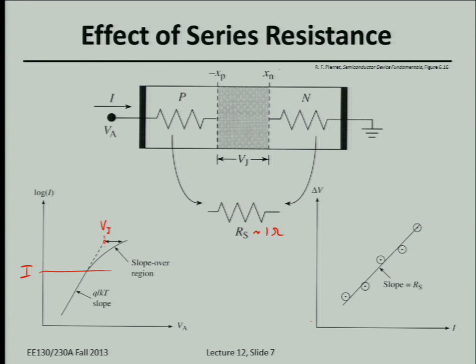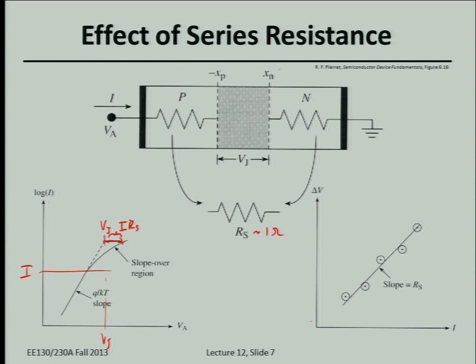So the voltage actually across the junction should be like here, ideally, if you're reaching a certain level of current. But in reality, you have this additional voltage dropped across the resistors. So this difference here is the current times the series resistance, right?